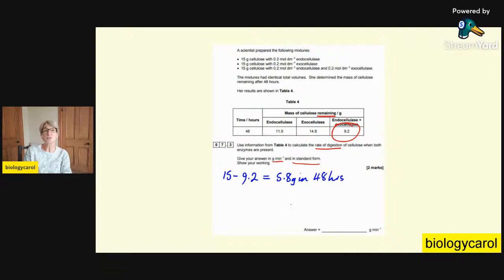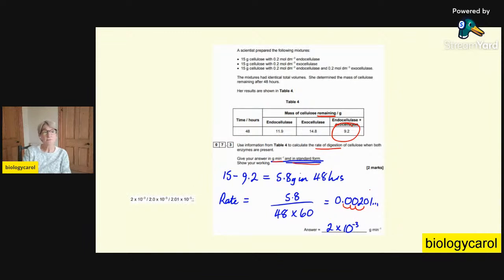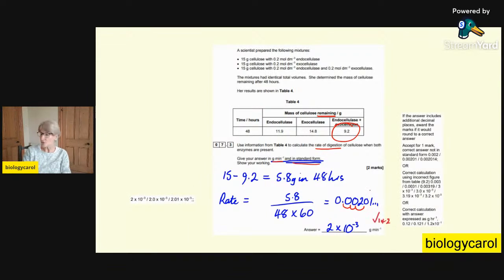So that's how much was digested in 48 hours. Therefore, if you want it per minute, you've got to divide 5.8 by 48 and then divide that number by 60 to get it per minute, which gives you this number on your calculator. And they want it in standard form. So 1, 2, 3, it's 2.01 times 10 to the minus 3. There we go. So I got the 2 marks.